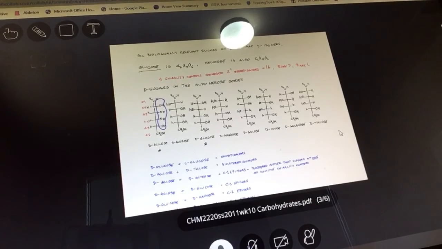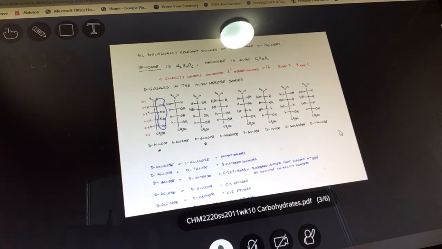They are diastereoisomers. We introduced diastereoisomers very early on in Chemistry 1, and we said if you had 2 chirality centers and one of them was different, that was a diastereoisomer. Here we've got 4 chirality centers. Some of them are different.